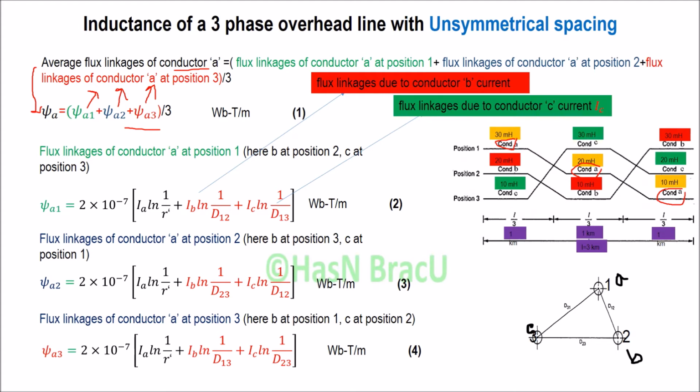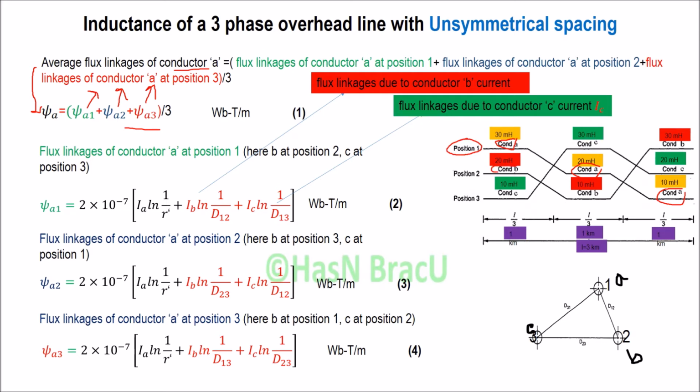So what will be the flux linkages of conductor A at position 1? If we consider A, B, C in a group, then we know the equation for the flux linkages of a single conductor in a group of conductors. So from that equation, we can get the flux linkages of conductor A at position 1. When conductor A is at position 1, what is the position of conductors B and C?